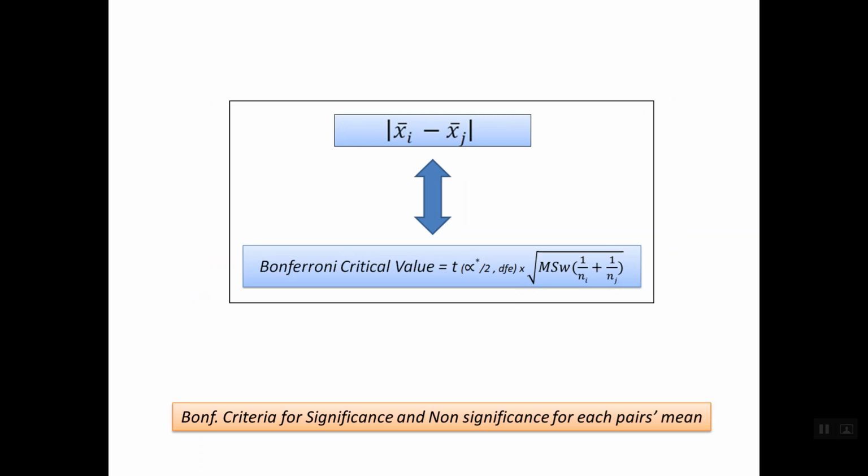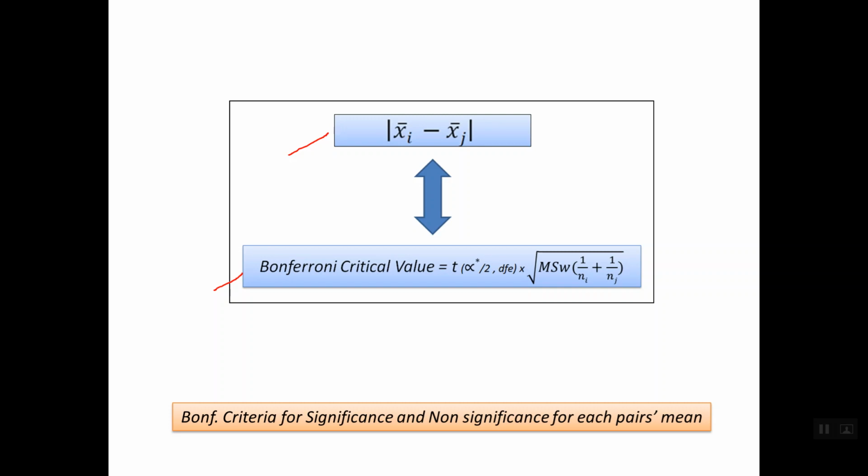What is the criterion to conclude the significance or non-significance for each pair of means? Simply, we calculate the absolute difference between each two means in the groups and compare it with the value of the Bonferroni critical value. If the absolute difference between the two means is greater than the Bonferroni critical value, we conclude that there is a significant difference between the two means, which means that the two means are not the same.